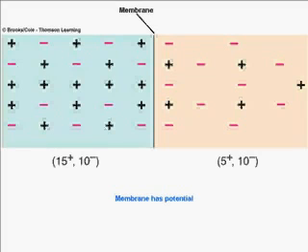Now, realize that this right side is not more negative than this left side. There's the same number of negative particles. However, because there is a difference in the number of positive particles, we use positive and negative as a relative term, sort of in the sciences.